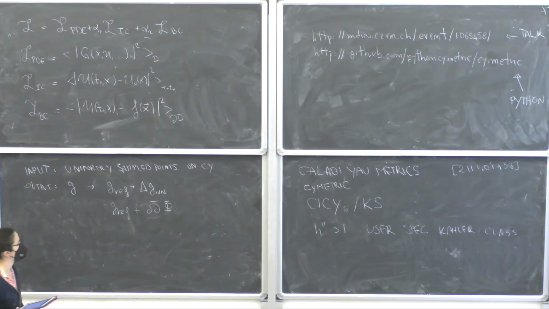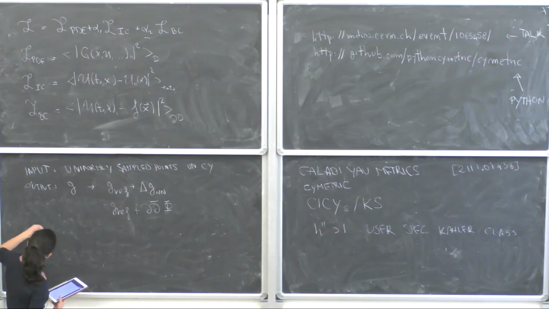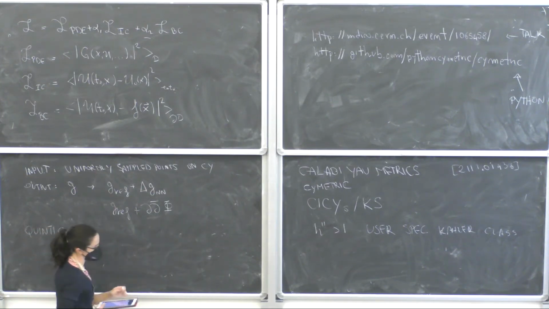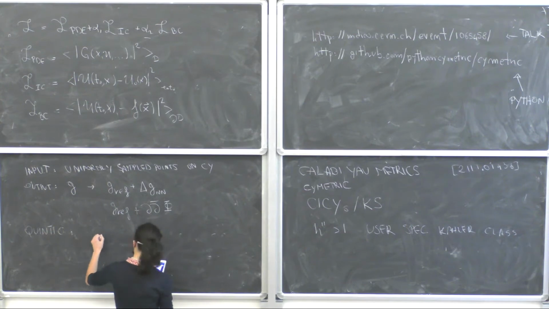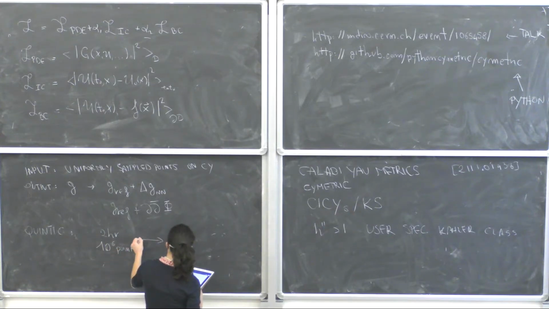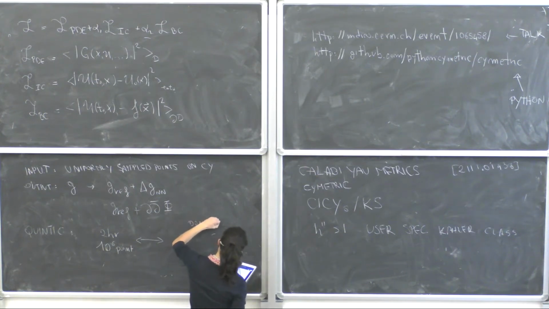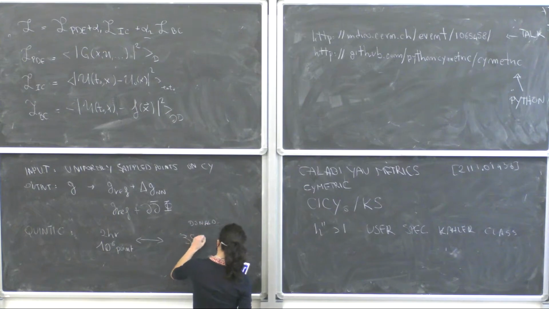Just to tell you which kind of improvements they were able to reach, on the quintic they compared the Donaldson algorithm with this neural network method, and they found that the neural network, in 2 hours on a standard laptop, trained on 10 to the 6 points, was able to find results comparable to the Donaldson algorithm in 35 years of training on 10 to the 8 points.